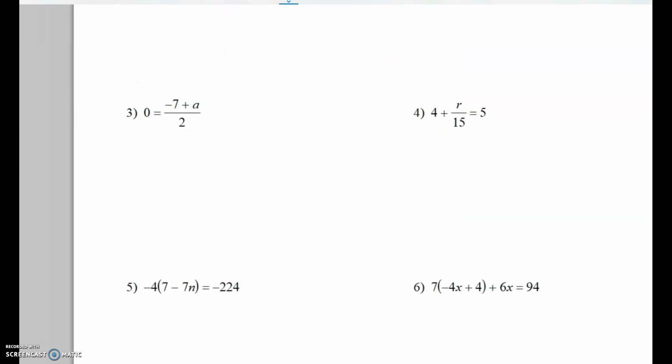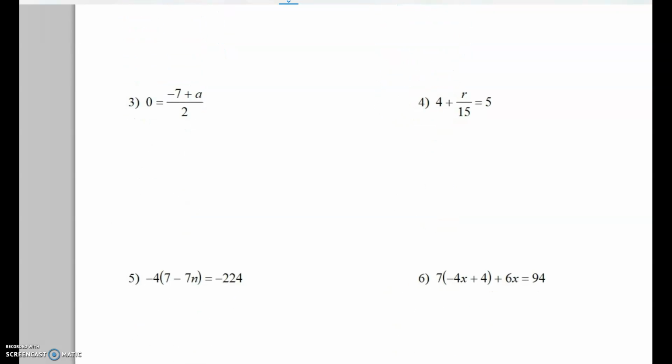Question number 3 is a two-step problem. We want to get a by itself, so we need to get rid of the 2 and the negative 7. Since the whole right-hand side is being divided by 2, it's easiest if we just multiply both sides by 2 to get rid of our fraction. Anything times 0, of course, is just 0. 0 equals negative 7 plus a.